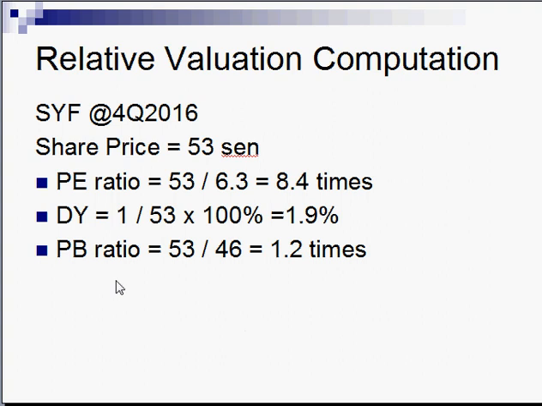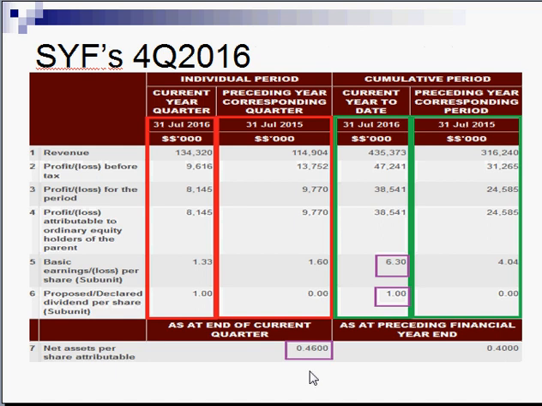Okay, lastly, you can come to the last relative valuation model, that is the price to book ratio. Now, for price to book ratio, you need to know the net asset of the stock. Preferably, you want to use net tangible assets, but most of the quarter result announcements you can get from Bursa Malaysia would give you only net assets, but that is good enough.